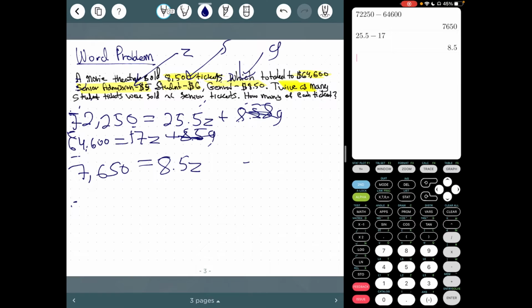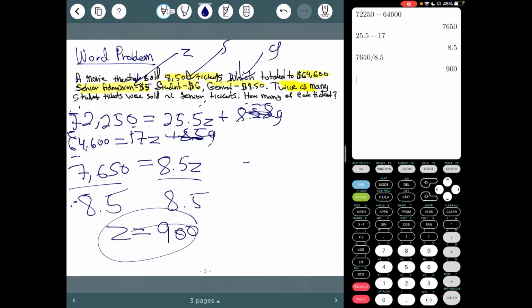So now we divide both sides by 8.5, and we have 7,650 divided by 8.5, and we get 900. So z equals 900. So our z variable was the senior admissions. So senior tickets total to 900.